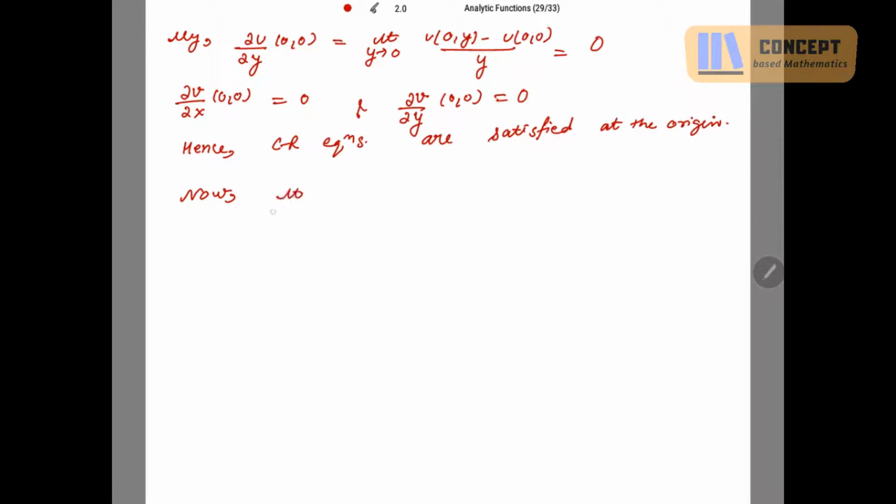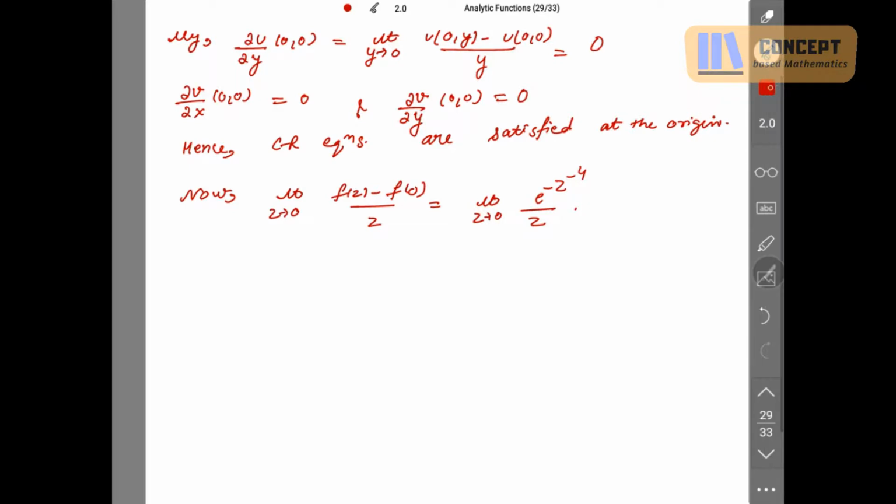Limit z tends to 0 of f of z minus f of 0 over z. This is equal to limit z tends to 0 of e raised to the power minus z to the power minus 4 over z. Now look here: this is the origin, this is y equal to x.